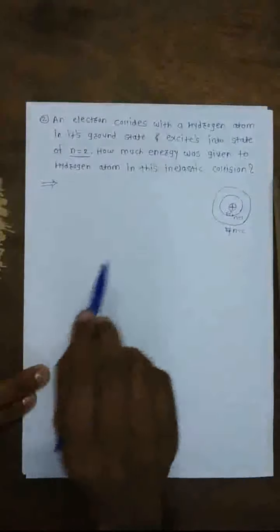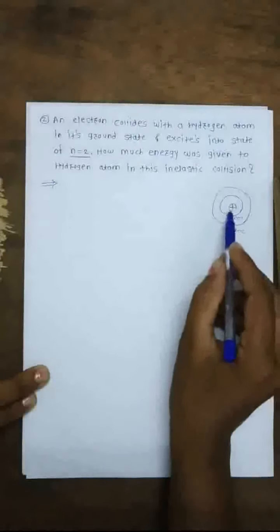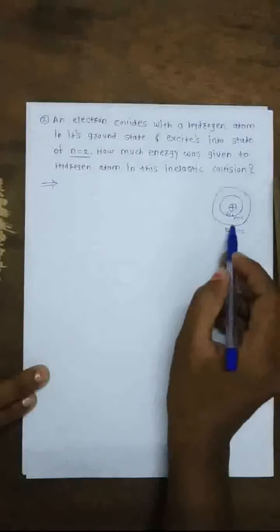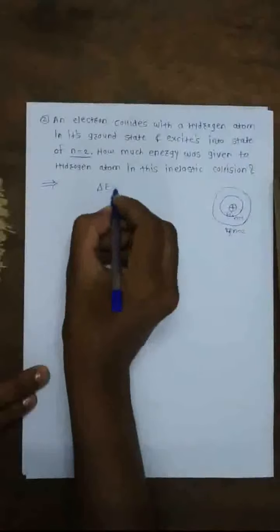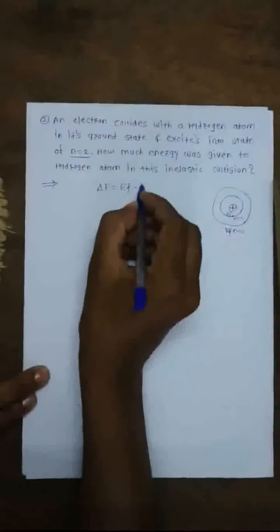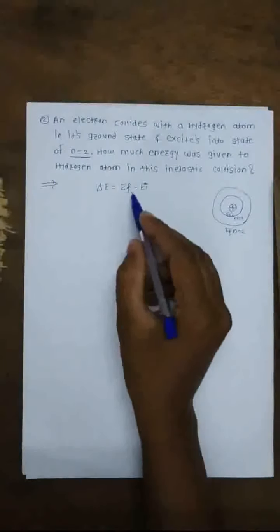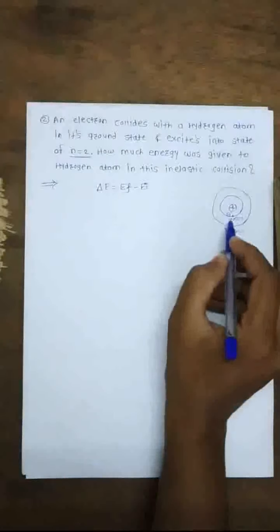Now the energy goes from the initial state EI to the final state EF. Therefore, we have to know this relation: delta E is equal to EF minus EI. The total energy of an electron, delta E is equal to h nu, that must be the final energy of the electron minus the initial energy.